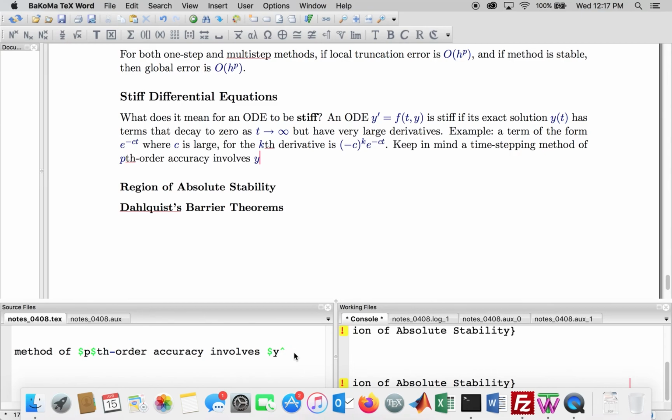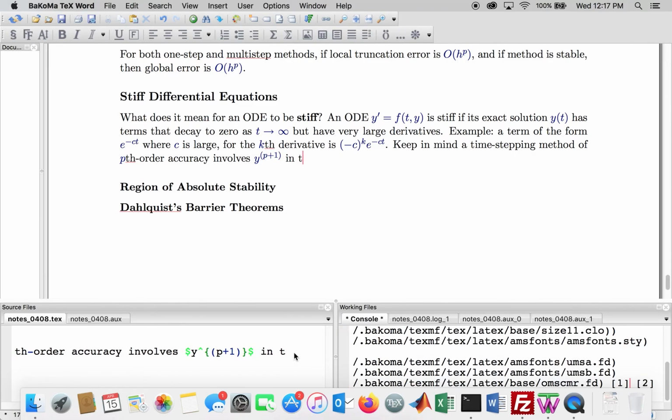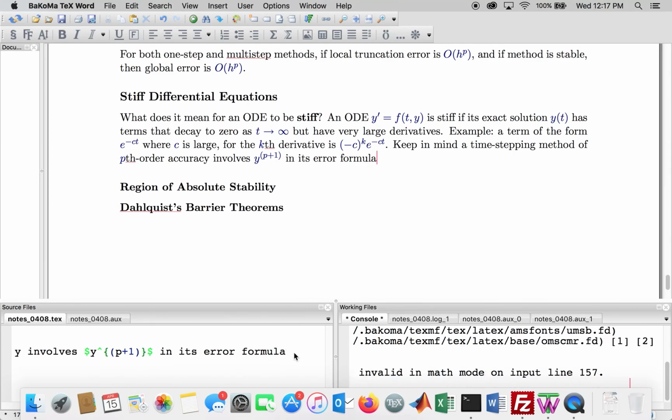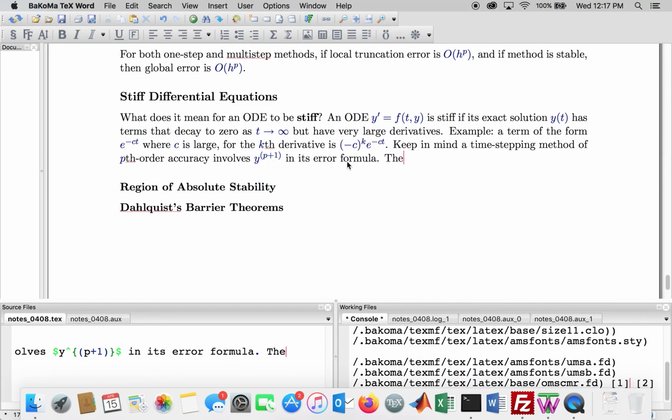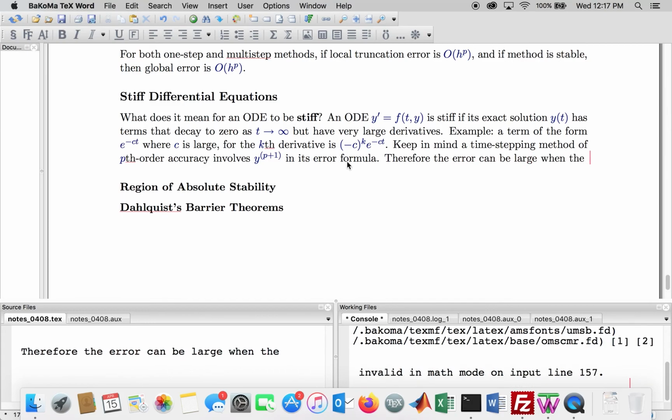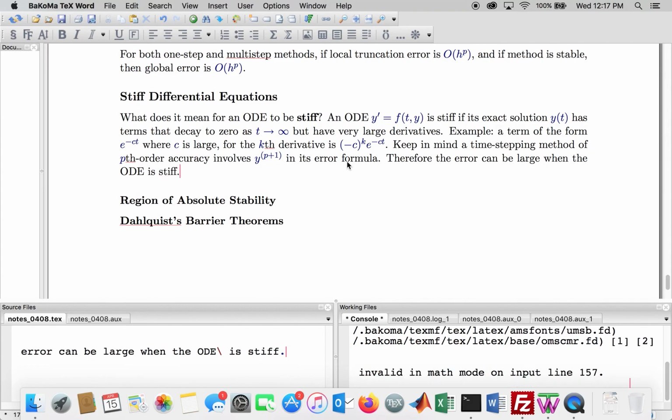So we have the (p plus 1)st derivative of the solution. That means that if the exact solution includes a term like this, you have the constant (minus c) to the p plus 1 for a p-order method, and that could mean the error could be large. So this is something that we must be mindful of in the design of numerical methods.